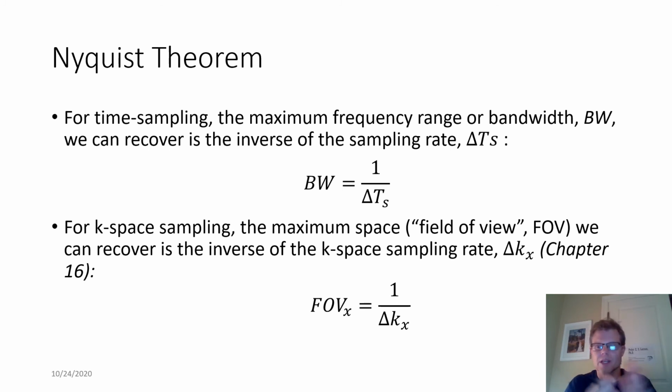Okay, and this relates to the original sampling theorem, which says that when we sample a continuous signal, it creates these replicas in the Fourier transform domain at the intervals defined, as you see on the right side of these equations. So this gives us a guideline for how frequently we need to sample our data in order to faithfully reconstruct an image.